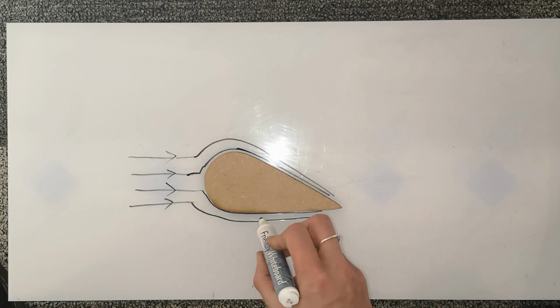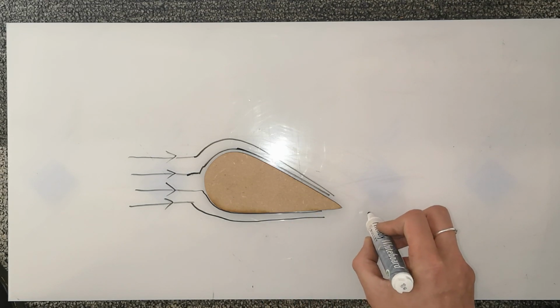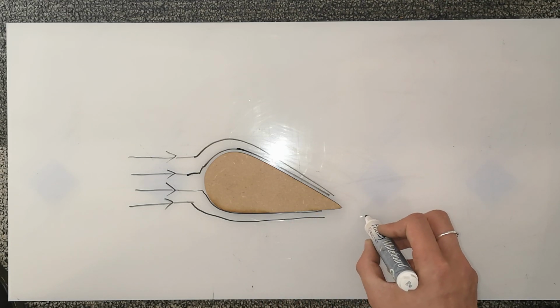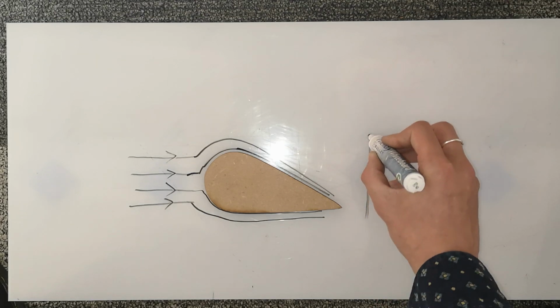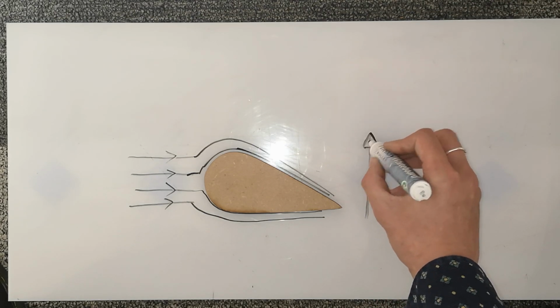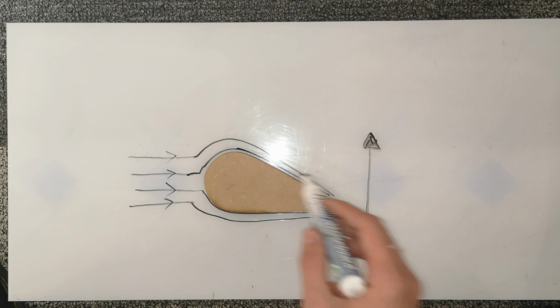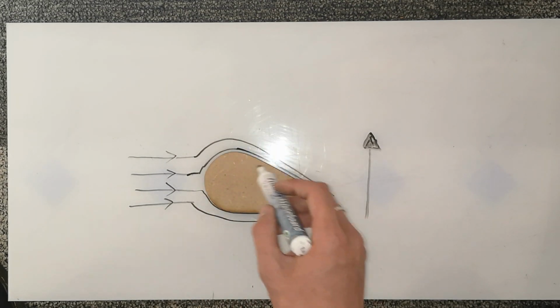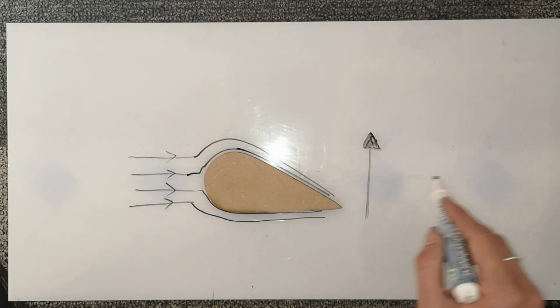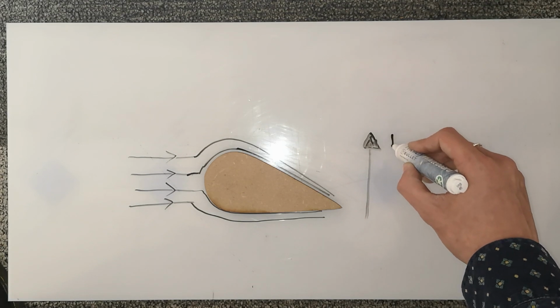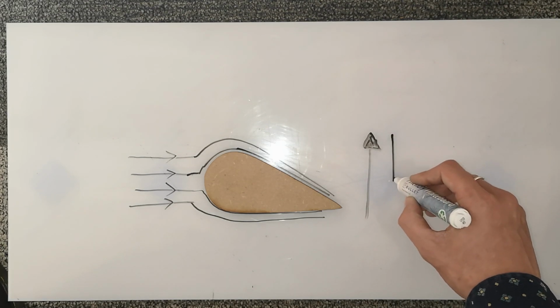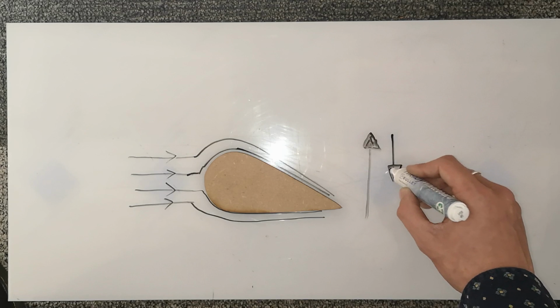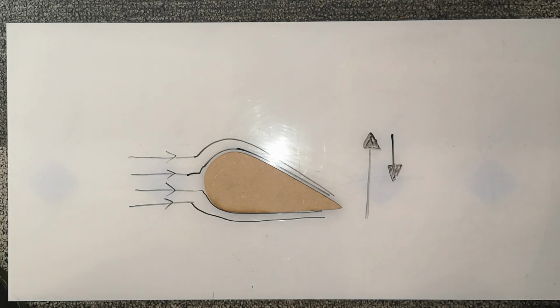But the higher pressure here from the slower moving air creates, let's say, a big force in that direction. The faster moving air here exerts a force downwards on the aerofoil, but it's not quite as strong because the pressure is lower. So we'll say it looks like that.